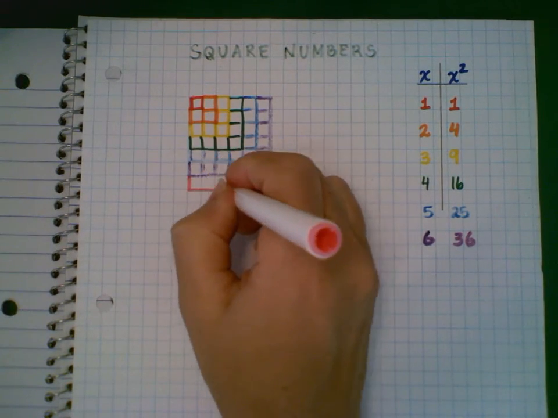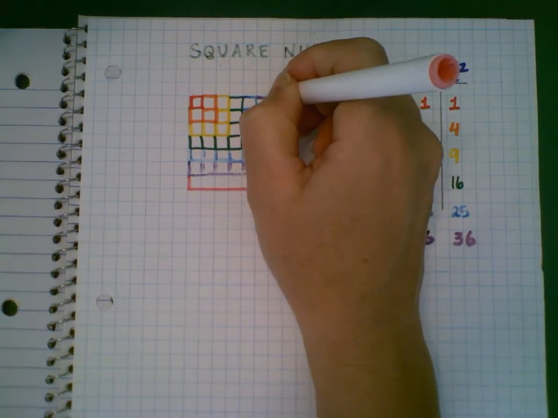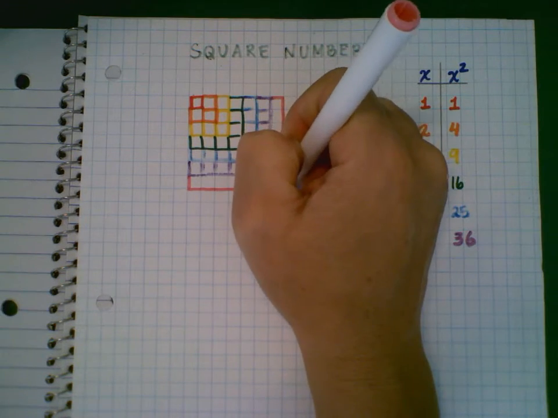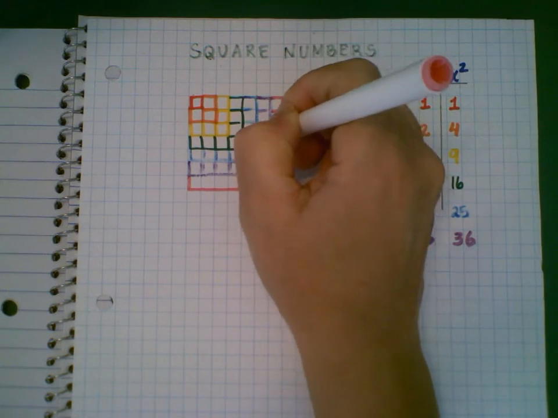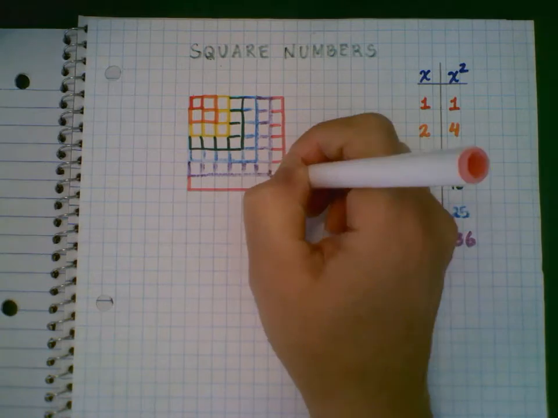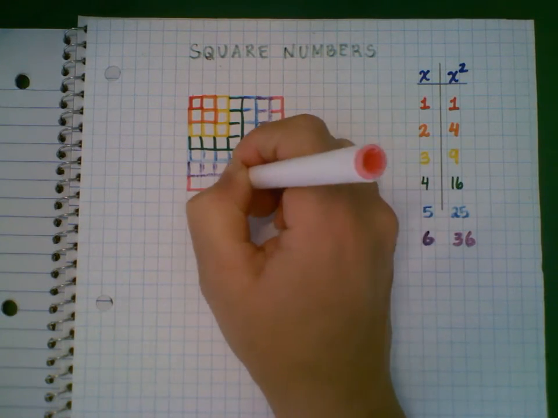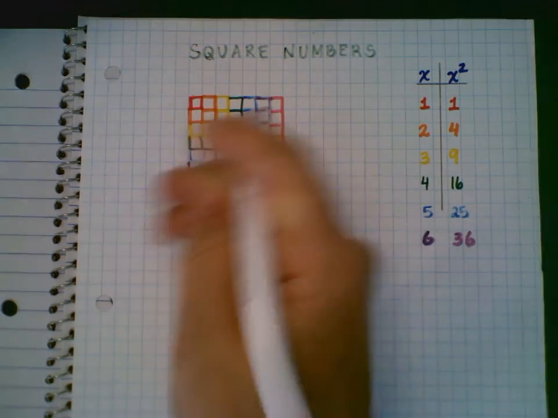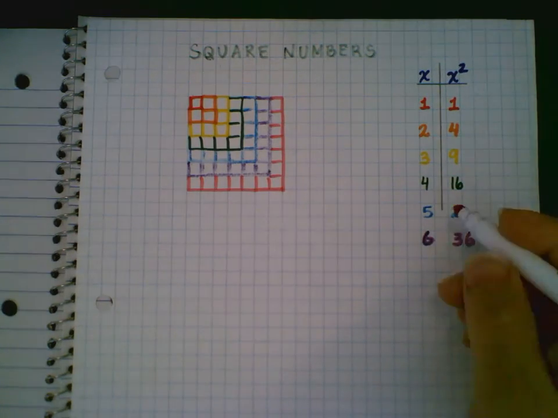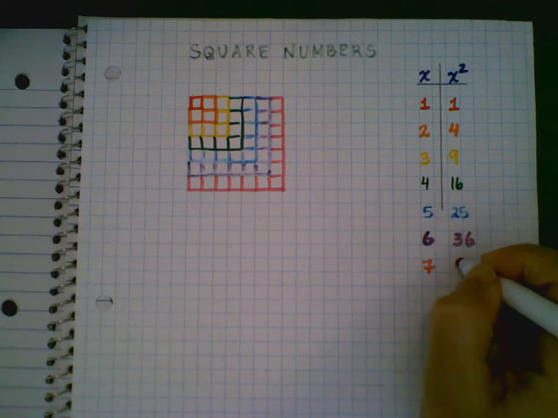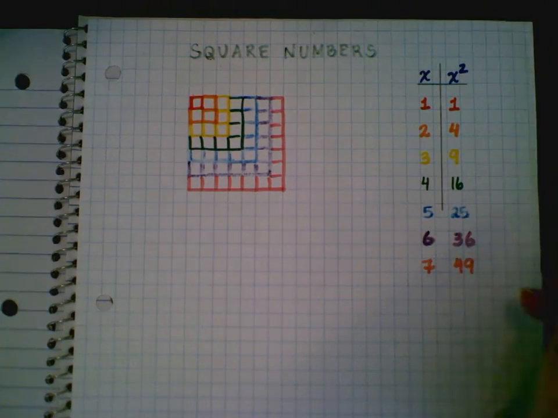And the last one we'll do is 7 by 7. So in each case, I'm just adding enough additional squares to make the next largest square on this grid. So 7 by 7 is 49.